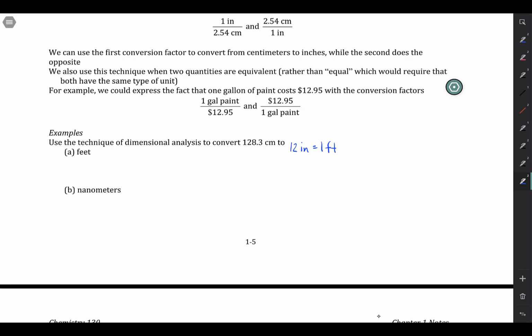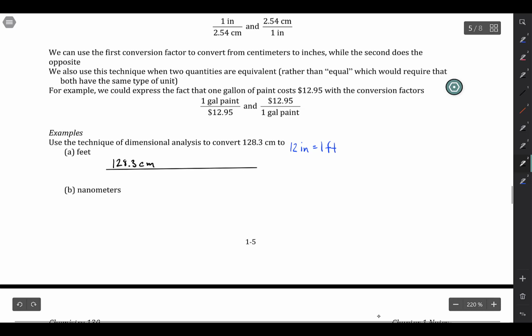So what I'm going to do here is do this as what is commonly called a train track, which is I will simply draw a straight line. And I'm going to write in my starting value, my given value of 128.3 centimeters. So that's my starting value.